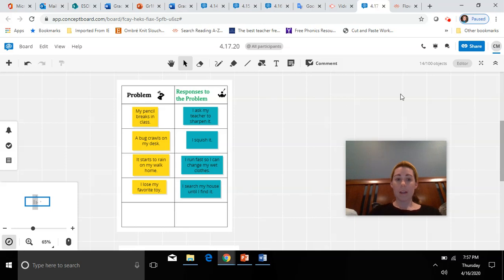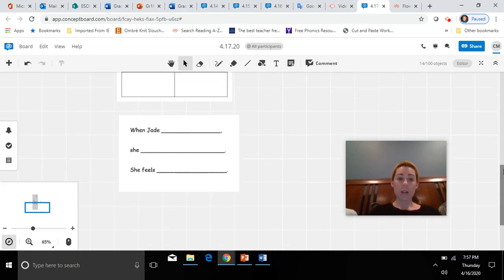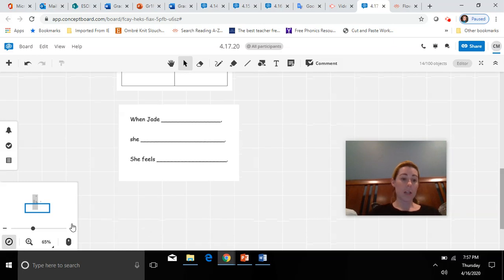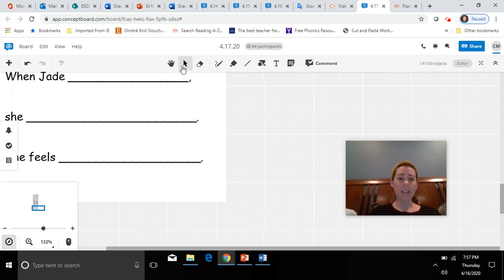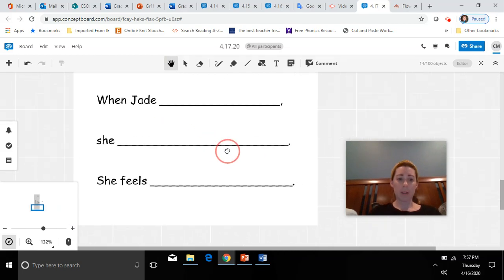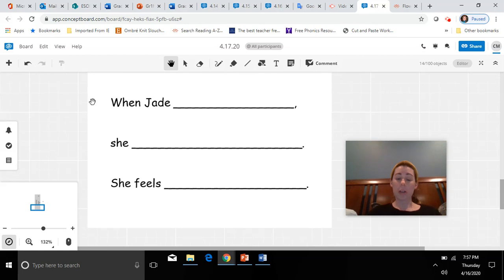Okay? Let's see. What we're going to do next is we are going to look at our story Flower Power, and we're going to try to find some of Jade's problems in the story. We're going to complete our sentence frame.